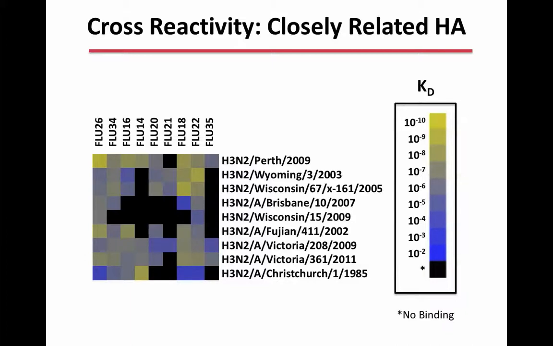To show some examples of that, flu-14 is binding 16 times more strongly to the Christchurch strain than it is to the Perth strain, and flu-22 is binding 36 times more strongly to the Wyoming 2003 strain than it is to the Perth vaccine strain.